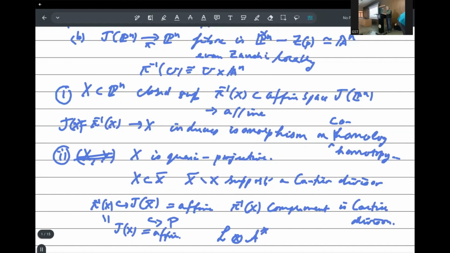This is the basic fact which I'm using. This is what is required. So M sufficiently large.